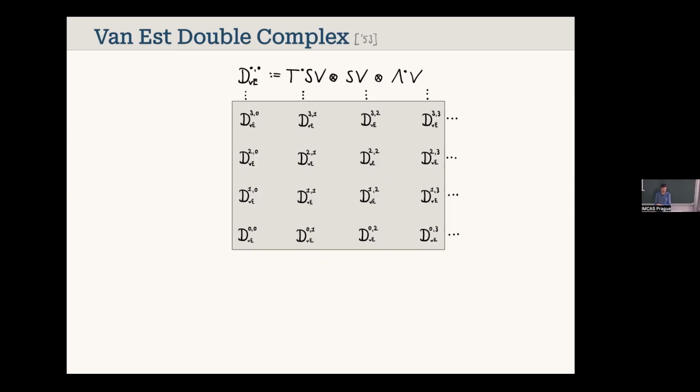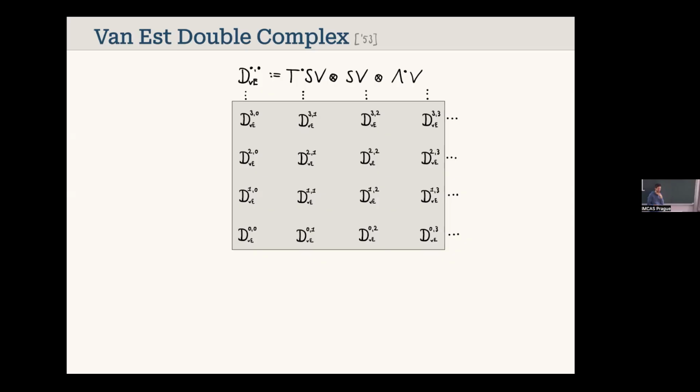One is the tensor algebra of the symmetric algebra, the object we had before. The second tensor factor is the symmetric algebra again. And the last one is the anti-symmetric algebra, the wedge product of V. If we think of V as the vector fields, then this is what we want to have in the end.